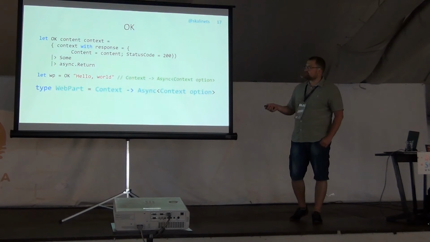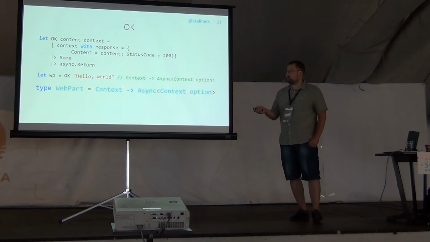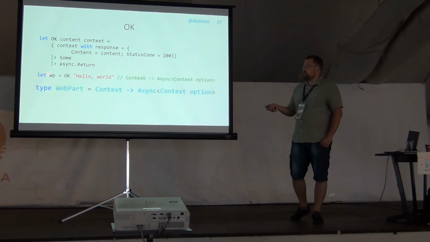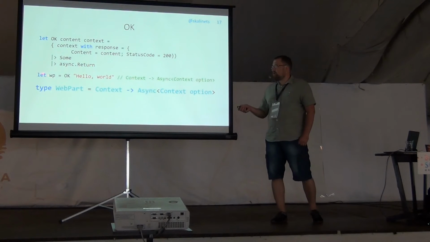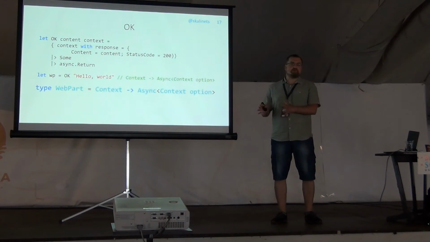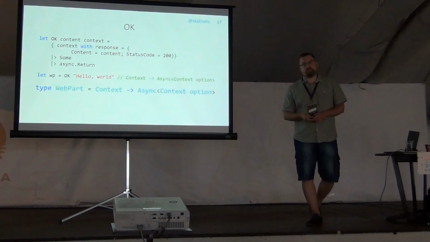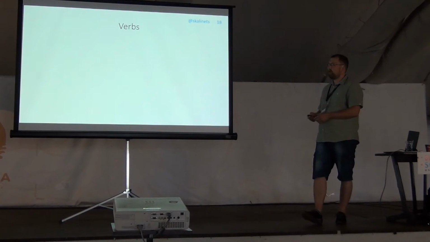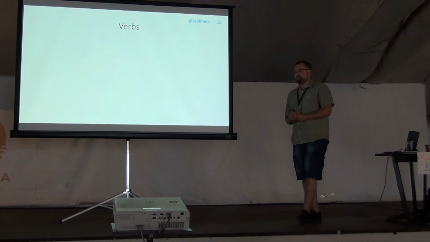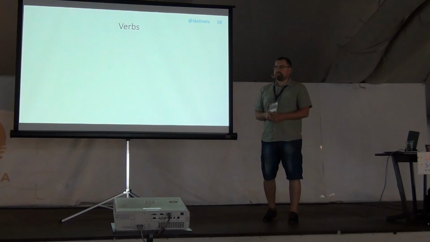This is a function that should accept the context, because as we can see, it should accept two arguments, but in this case it accepts only one. So we need to call this WP and give it a context, and in this case it will produce a value. So returning a simple OK is just that simple.